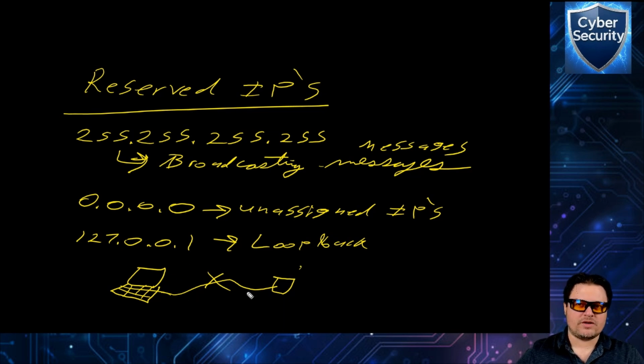To figure out if you have a connection issue or a network issue, there are several ways of doing it. One, you can use a different cord to see if that Ethernet cord works. You could try a different port. You could try a different computer on that port. Or you could do a loopback address.